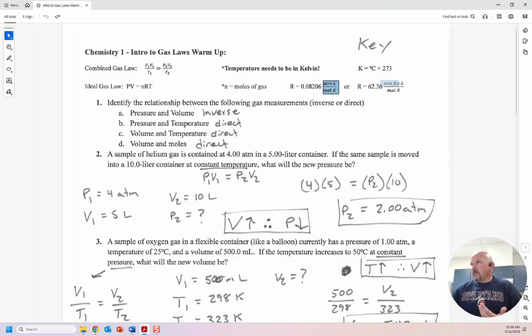The only difference is the pressure unit. So if I'm using millimeters of mercury, I'm going to be using this R value. If I'm using atmospheres, I'm going to be using this R value. If I'm solving for P and I use this R value, it's going to come out to be atmospheres. If I'm solving for P but I use this R value instead, the answer is going to come out in millimeters of mercury. Okay.